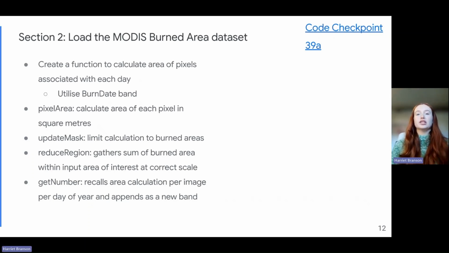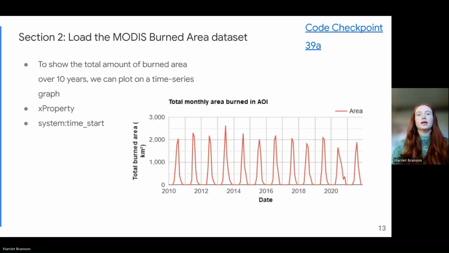Since the MODIS image collection has a very handy system time start embedded within each image, we can then select that area band and continue without the burn date band, as we know that the time and date value is embedded within each image and we don't necessarily need burn date.